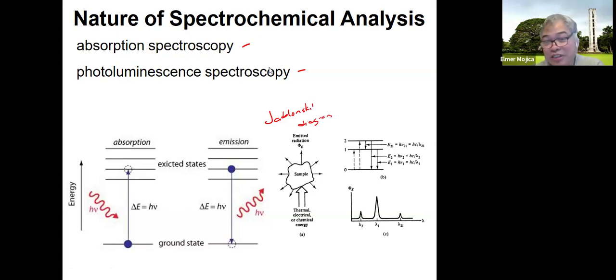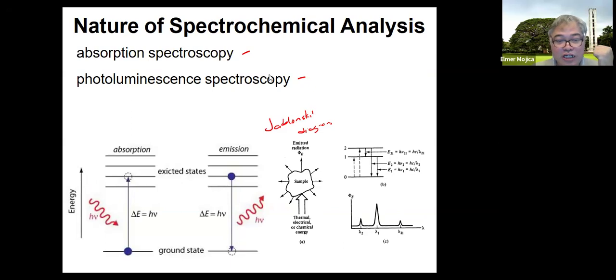And to tell you, I'm not surprised, because I only learned about this Jablonski diagram when I was already in grad school here in the US. I had a course that is like 230 but split into two semesters, and I took a course called fluorescence spectroscopy. That's where I learned more about this Jablonski diagram. So what do you think? What is Jablonski?